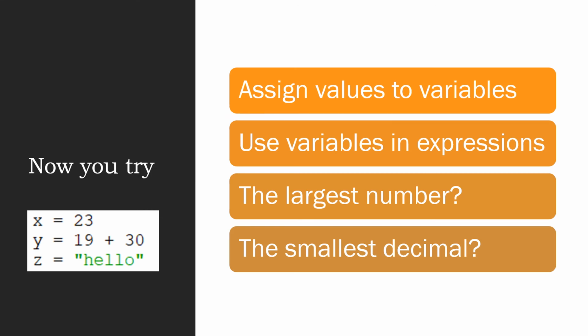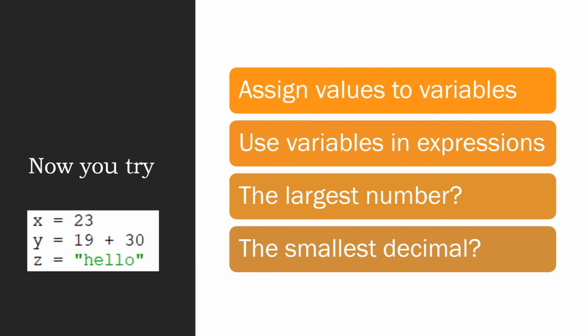So this is the final slide in the lesson, and as usual I'm giving you some work to do. I'm suggesting that we set up those 3 values x, y and z. So practice assigning values to the variables and then using variables in expressions. Remember what I said earlier about how to explore. Just try different values, try doing different things, see what happens.